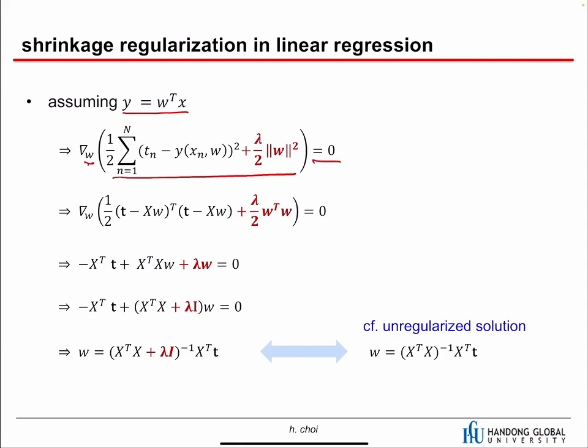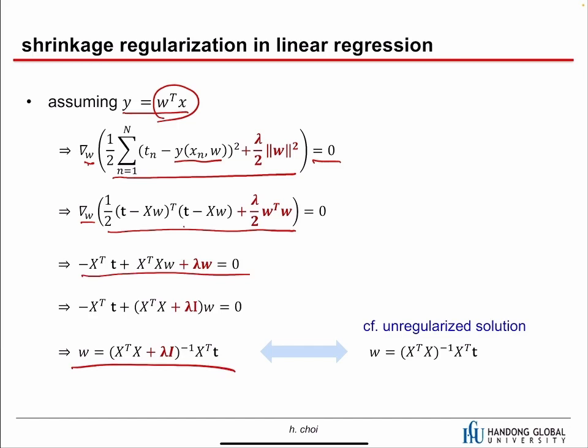Then we can replace this y with w transpose x. In the matrix notation we can have this equation, and we can take a derivative, and if we rearrange, then we get this term.